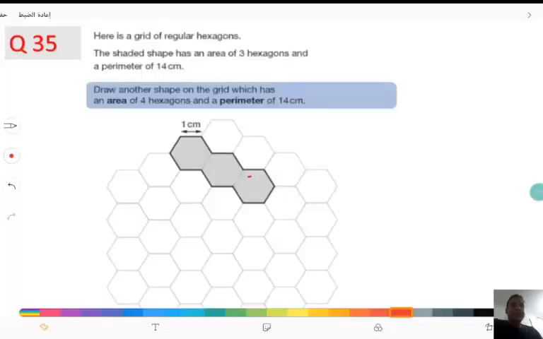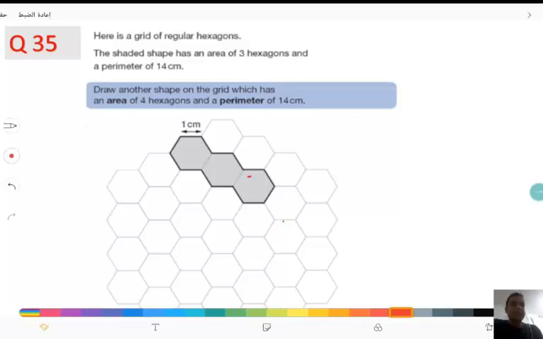Here is a grid of regular hexagons. The shaded shape has an area of 3 hexagons and a perimeter of 14 centimeters. Draw another shape on the grid which has an area of 4 hexagons and a perimeter of 14 centimeters. Notice the perimeter of these hexagons is 14.